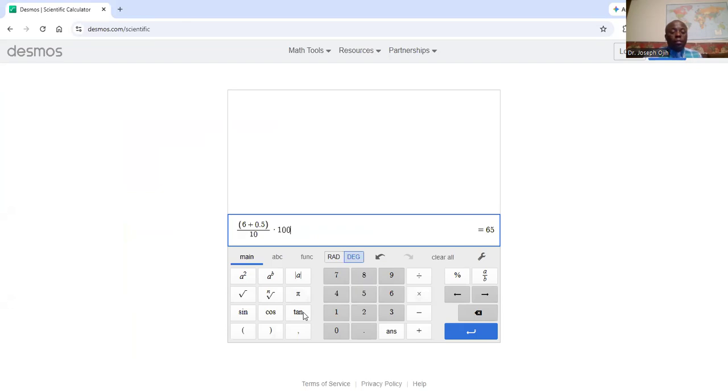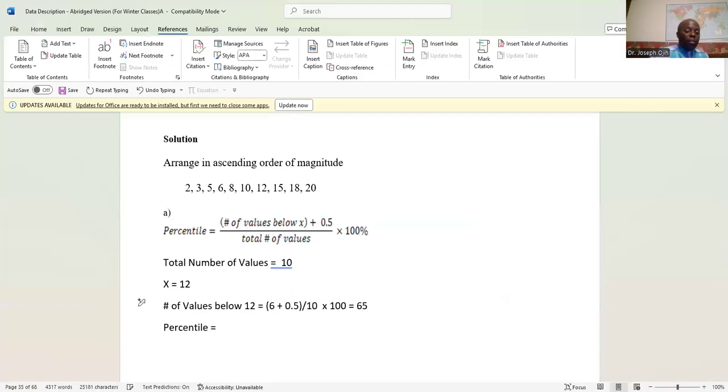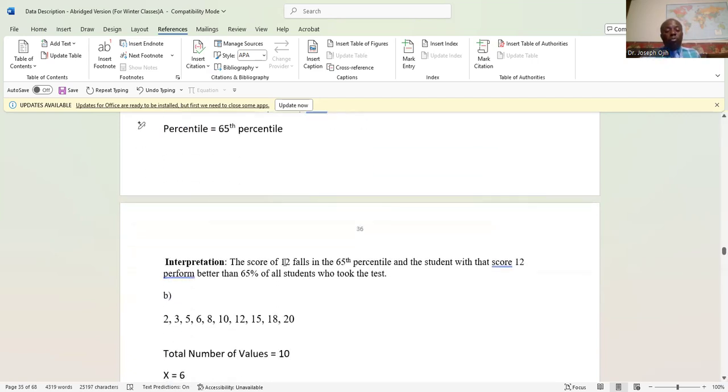So the percentile is the 65th percentile. So the student who scored 12 falls in the 65th percentile, and performed better than 65% of all the students who took the test.